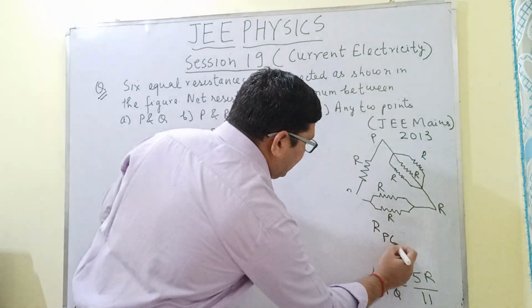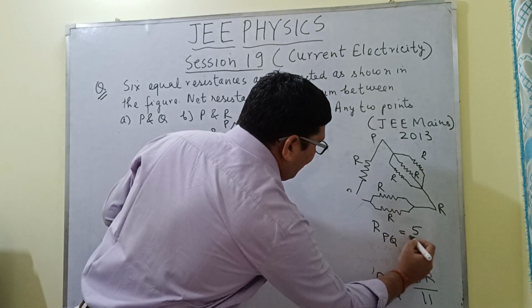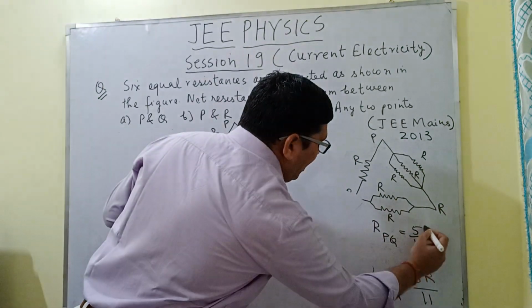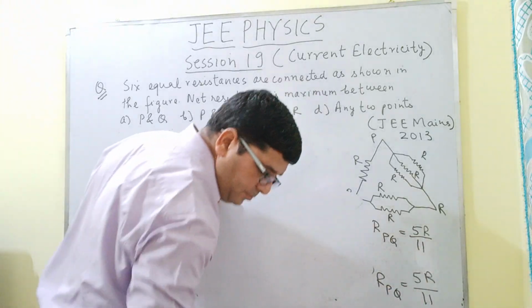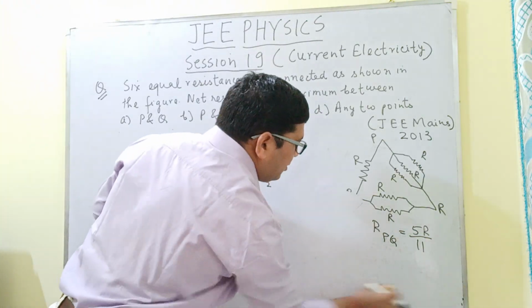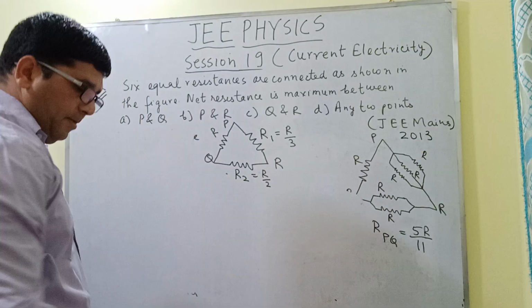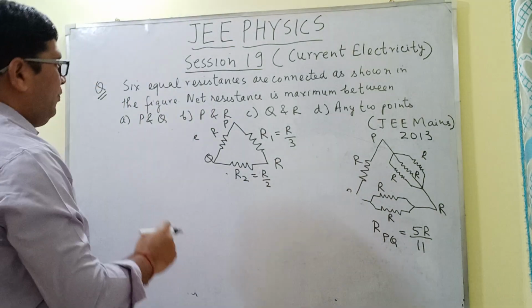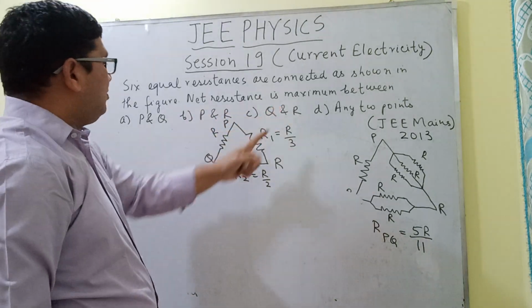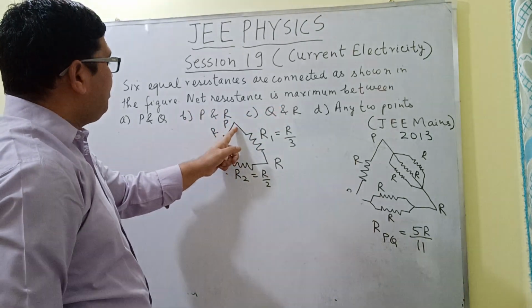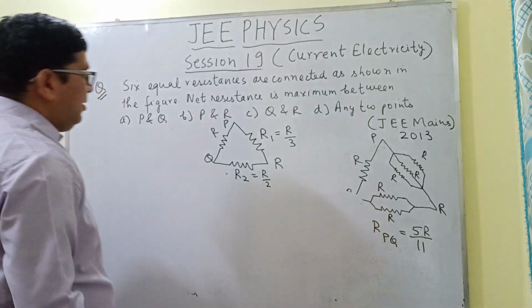RPQ is equal to 5R divided by 11. Okay. Now we have to find the net resistance between the points P and R.